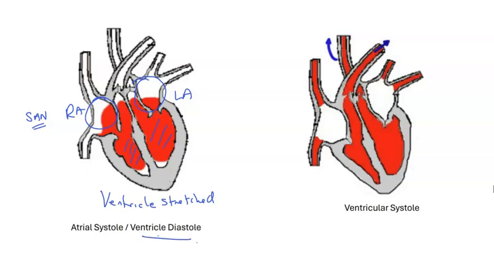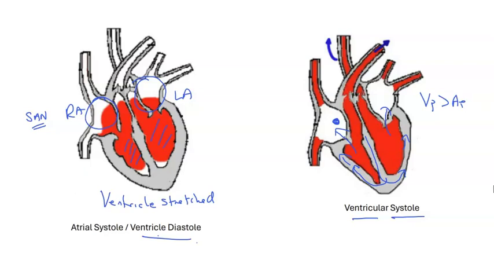Then we enter what is called ventricular systole, which you'll recall happens because the stimulus to contract has traveled down the center of the heart and emerged into the heart muscles of the ventricles, and will cause these to contract. When this happens, there is back pressure into the atria, because the ventricle pressure is greater than the atrial pressure.